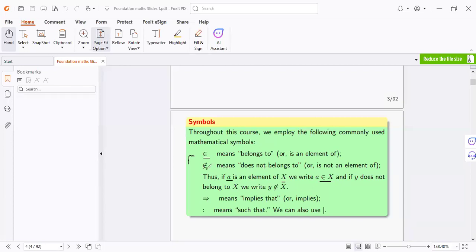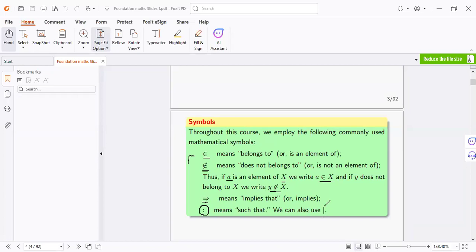Now, if it's not a member of X, then we use this symbol here. So for instance, if Y does not belong to X, then I'll write it this way. I'll also be using this symbol to mean implies. And the last symbol that I want us to know as we begin looks like a colon. This one I use to mean such that.